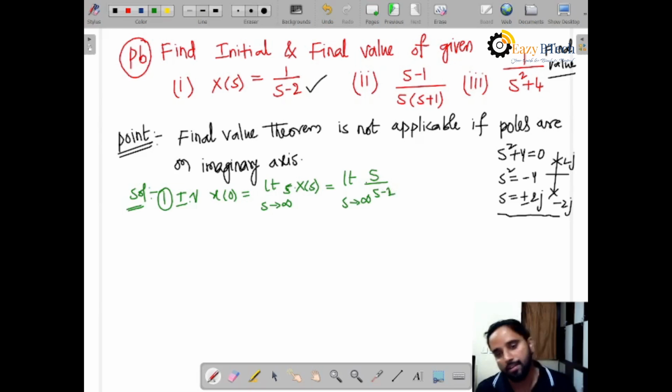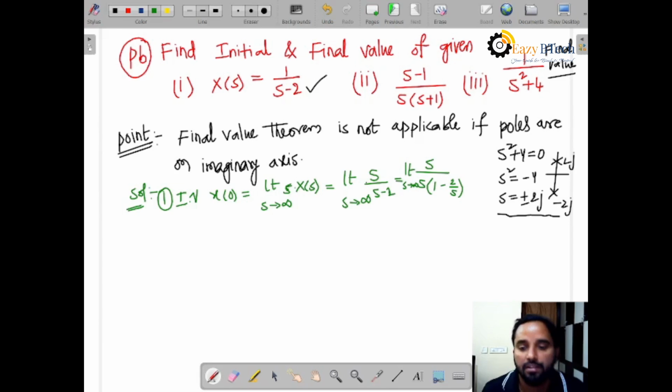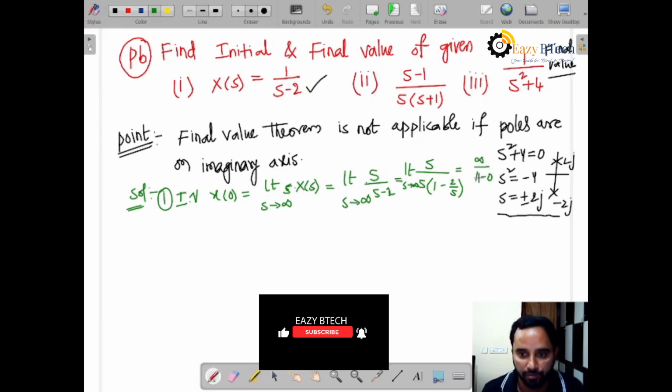In the numerator and denominator, take s common. Already s is there in the numerator. In the denominator I am taking s common, then 1 minus 2 by s. Applying the limit, we get infinity by 1 minus 0. So we are getting initial value infinity.